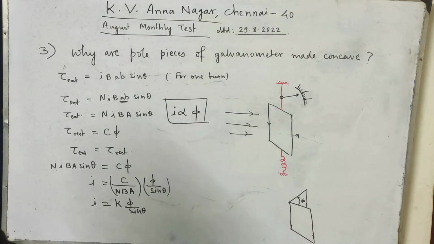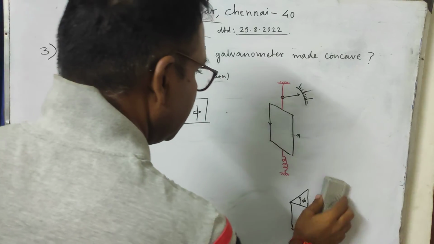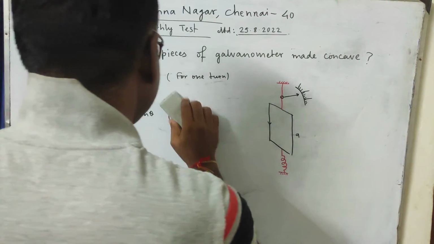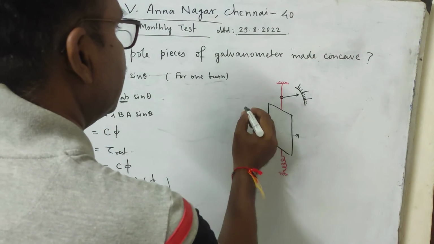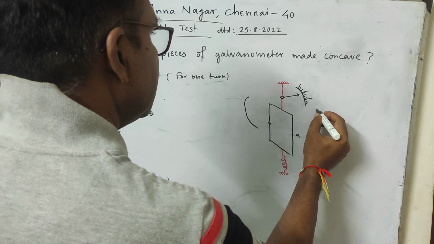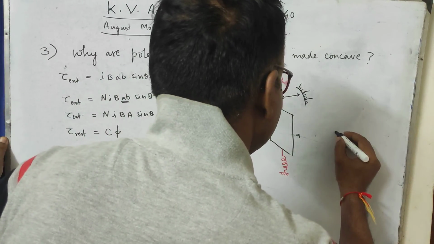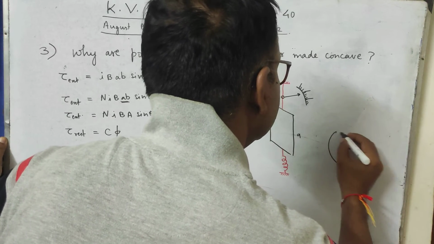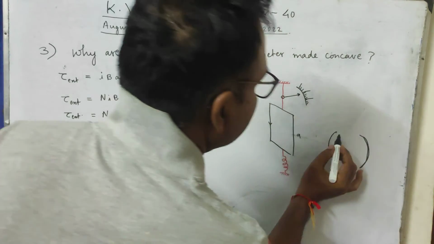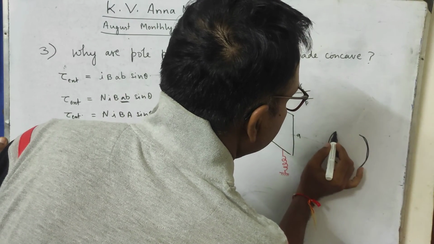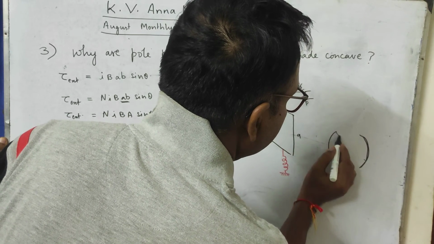In order to get rid of this sin theta, we take cylindrical, meaning concave type magnetic poles. It is like this. Let me draw it here. So if I take the concave, what happens? The field will be radial.